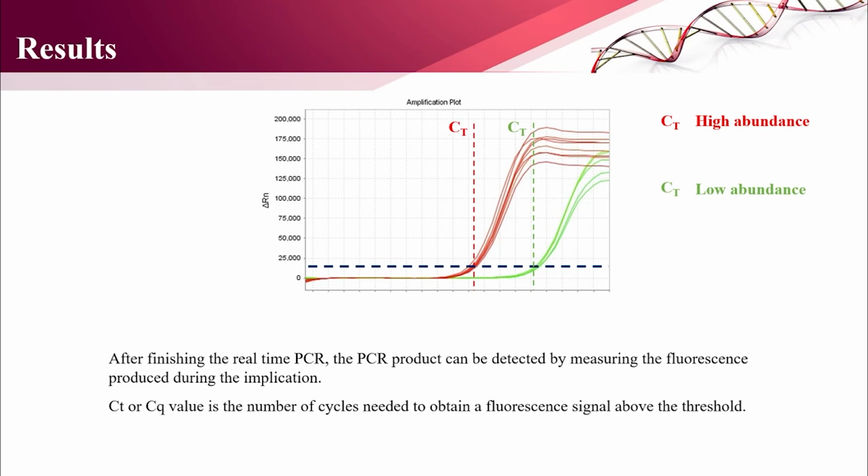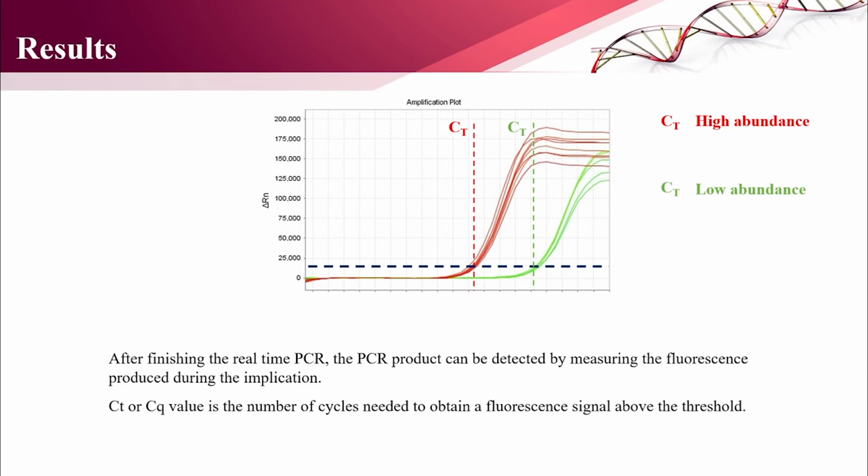For example, if the red arrow represents gene A and the green arrow represents gene B, the lower CT value for gene A means it reaches the detection threshold faster than gene B, indicating a higher abundance.